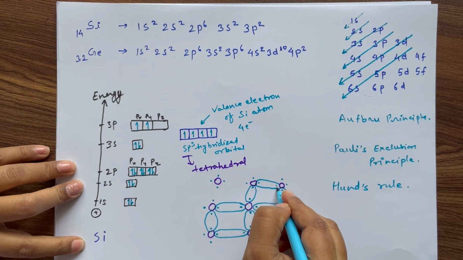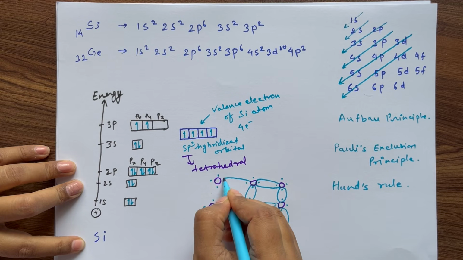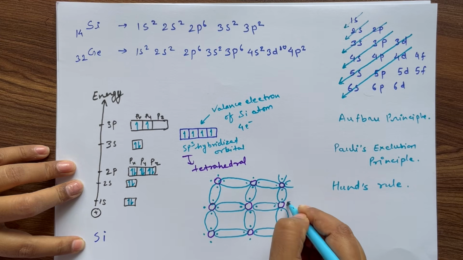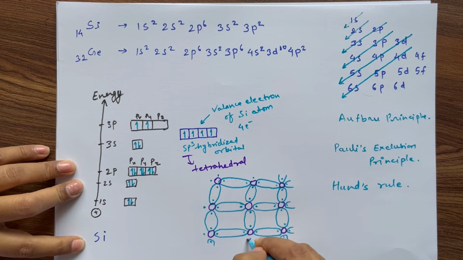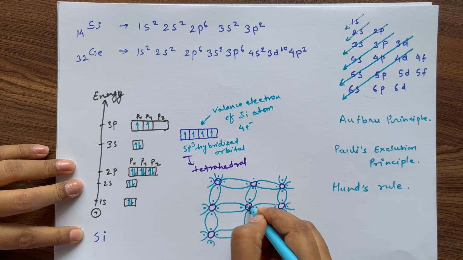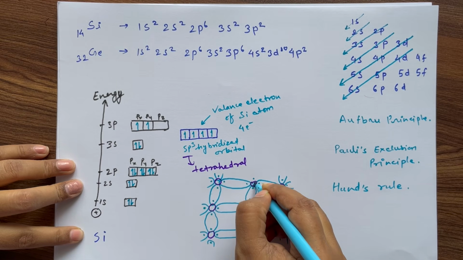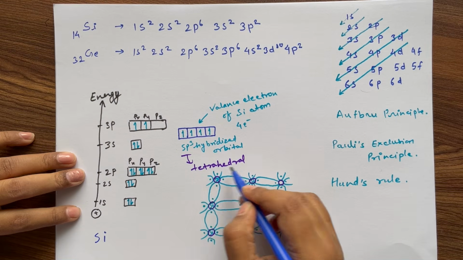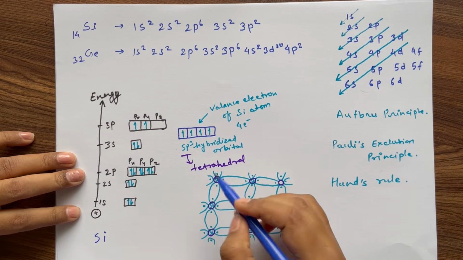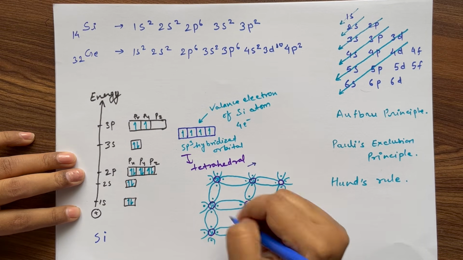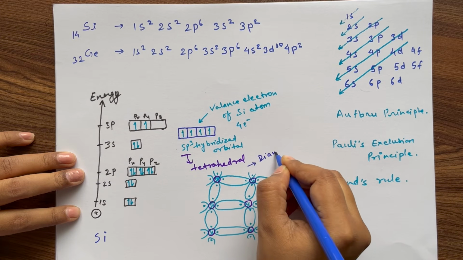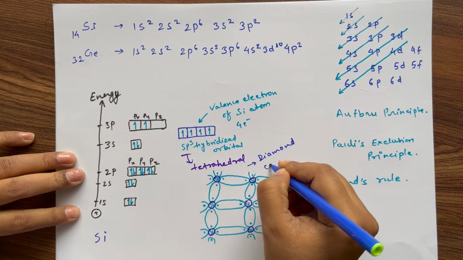That is why these are covalent bonds. These are silicon atoms. And because of this tetrahedral structure of sp3 hybridized orbital of this silicon atom, the unit cell of this silicon material will have diamond cubic structure.